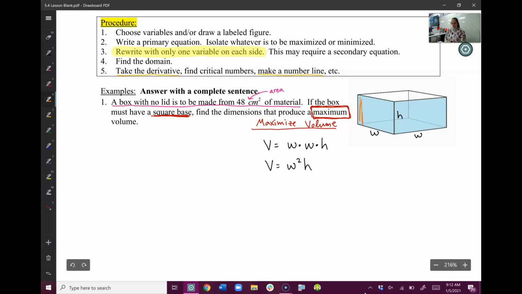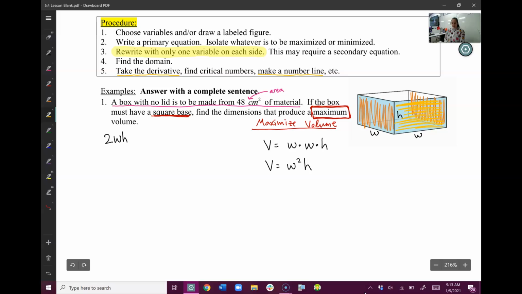the area of this part of this material would be W times H. And I'm going to have two of those. That one is also going to be a W times H. Now if I look at this one, hey, look at that.